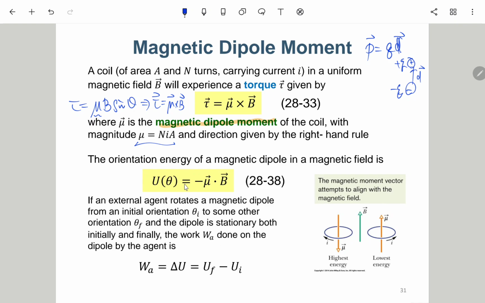Similarly, we have the orientational energy, or the potential energy U of theta, to be negative mu dot B. Back in chapter 22 or 23, I don't quite remember, you also have tau equals P cross E, and then U of theta equals negative P dot E.